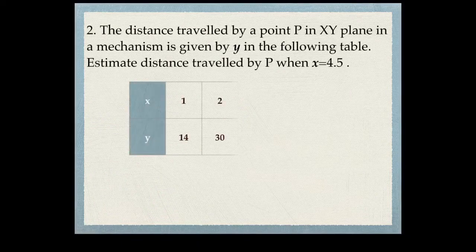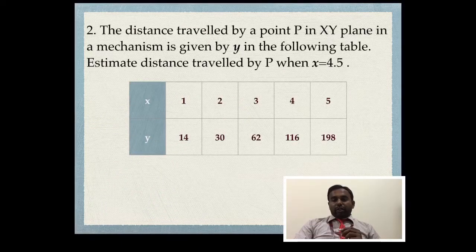So the problem is: the distance traveled by a point P in the xy plane in a mechanism is given by y in the following table. The second row gives y.